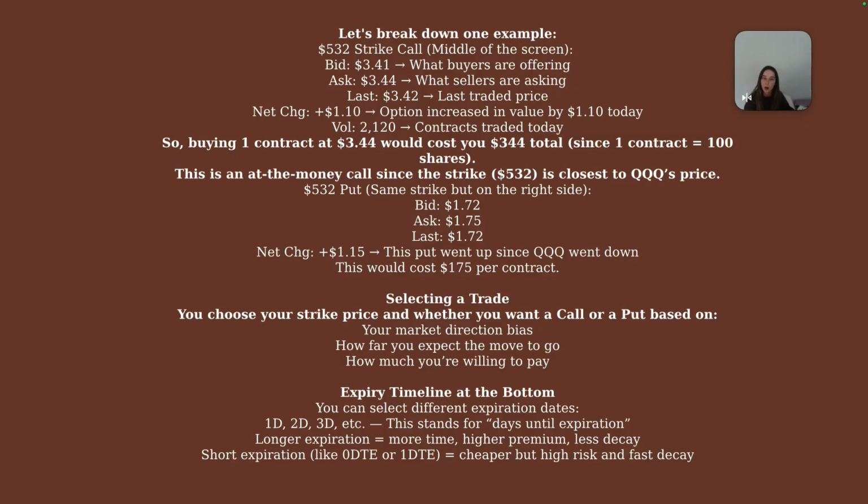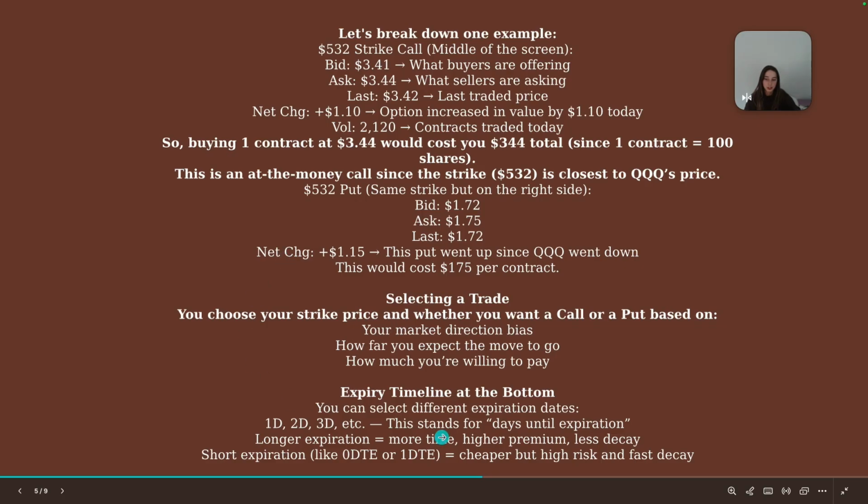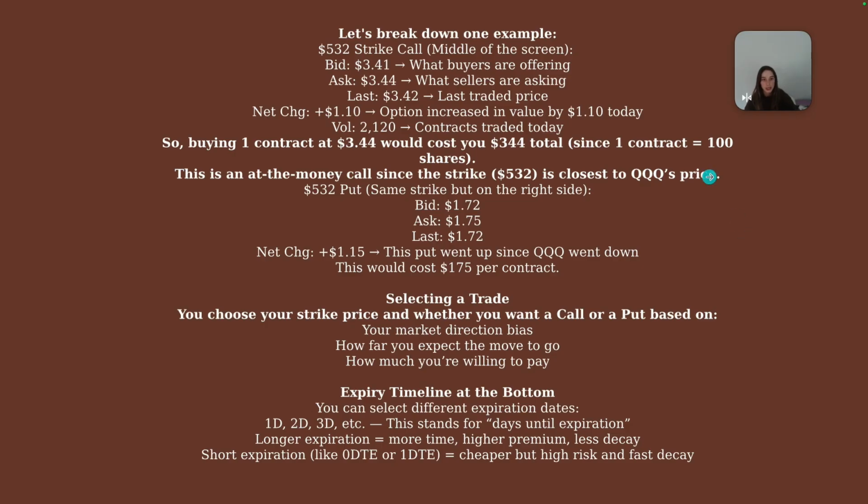You're going to want to buy contracts in the $1 to $2 range, because you don't want to be taking up that much of your portfolio in a singular trade. But the expiration date, which we kind of already went over, you can select different expiration dates: 1 day out, 2 days out, 3 days out, a week out, a month out, a year out. It just depends on you and what you think.